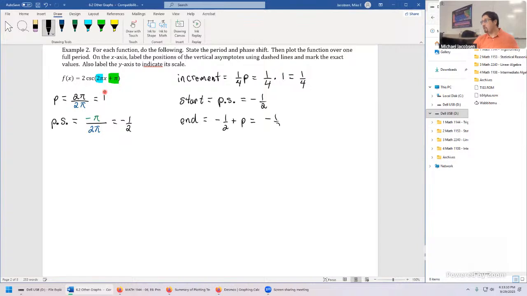So this will be negative 1/2 plus, by the red dot, the period is 1. But we can make that a 2/2 for a 1/2 altogether. So our plot starts at negative 1/2, it ends at positive 1/2. We're incrementing by 1/4. Not the most compatible fractions, but if it helps, you could rewrite these as negative 2/4, positive 2/4, and this gets us started.